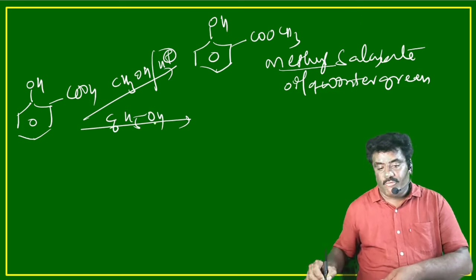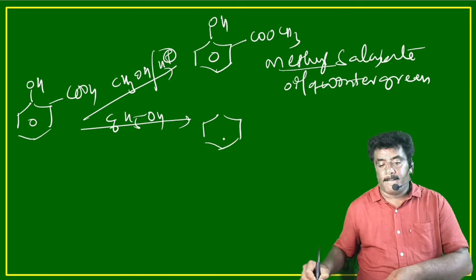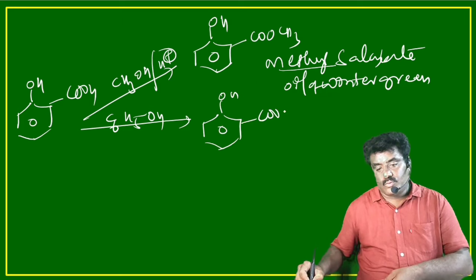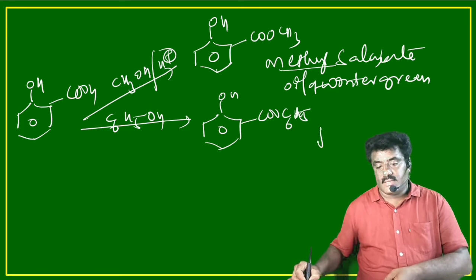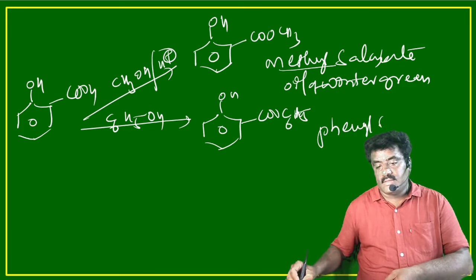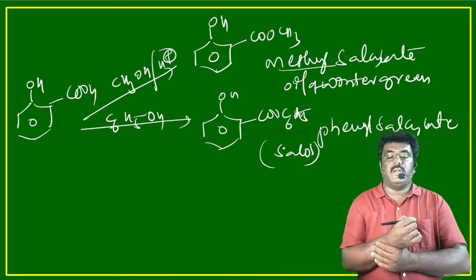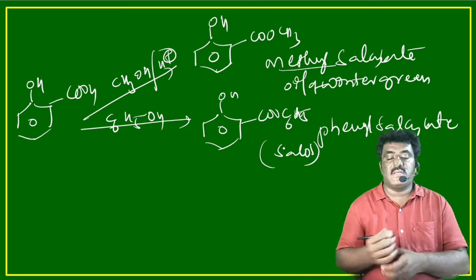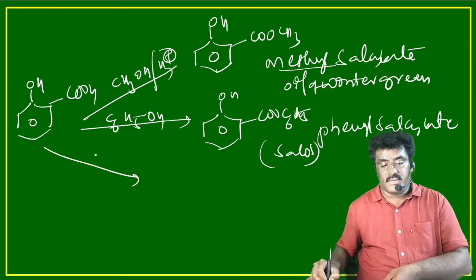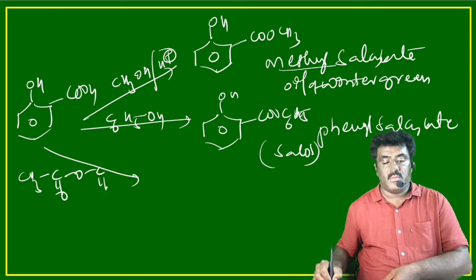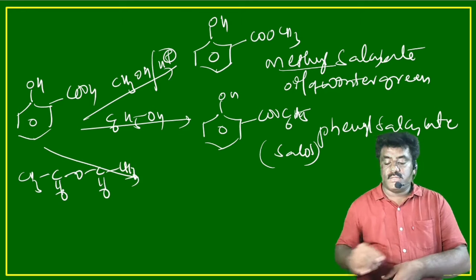C6H5OH phenol, it forms COOC6H5. It forms phenyl salicylate. Phenyl salicylate is salol, the name of the medicine. When it is treated with acetic anhydride CH3 C double bond O, C double bond O CH3, what is the product?